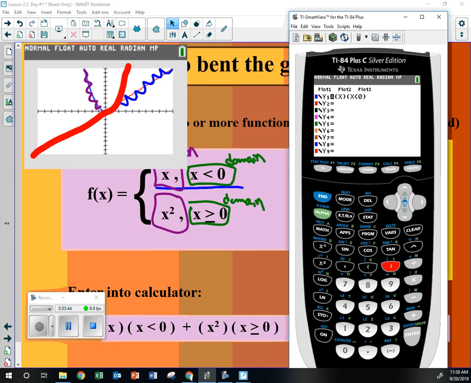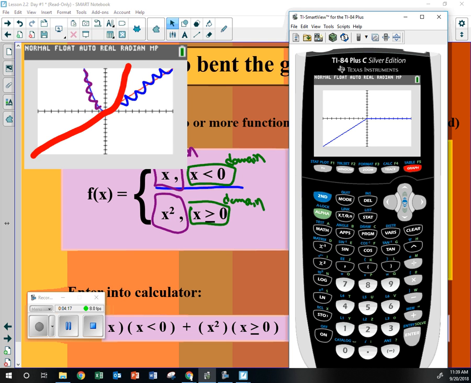You go, make sure your domain has parentheses, and then go second math. And then you'll see test. We're going to be using logic later, but right now we're just going to use test, and we're going to start with number 5. So when we graph it, you see a straight line, and then the calculator still defaults to y equals 0.